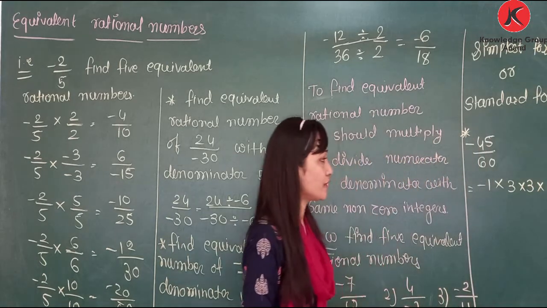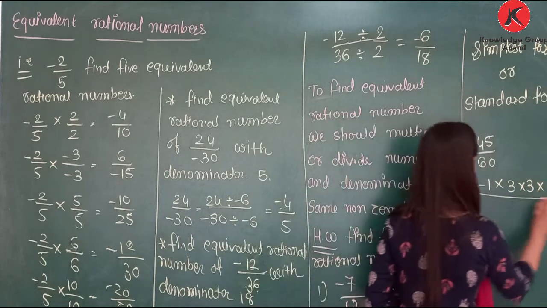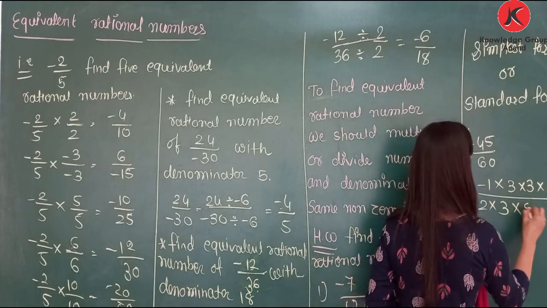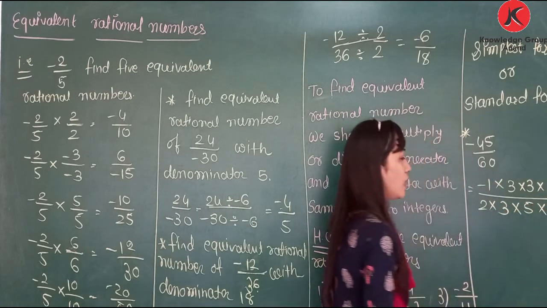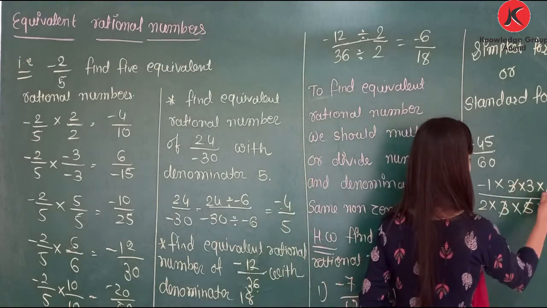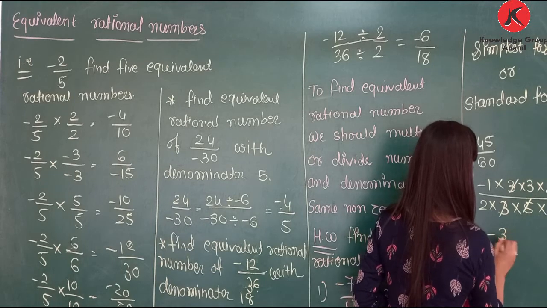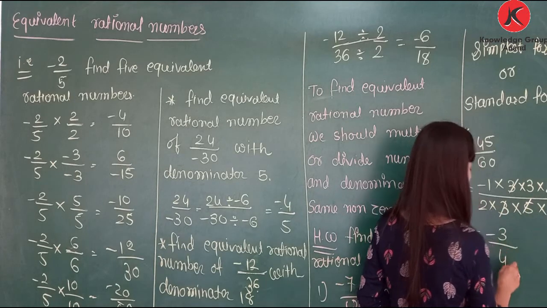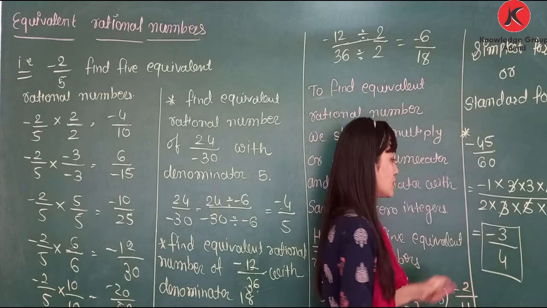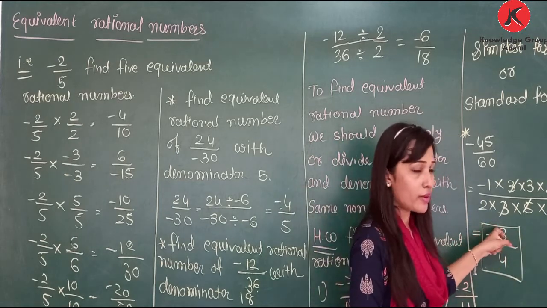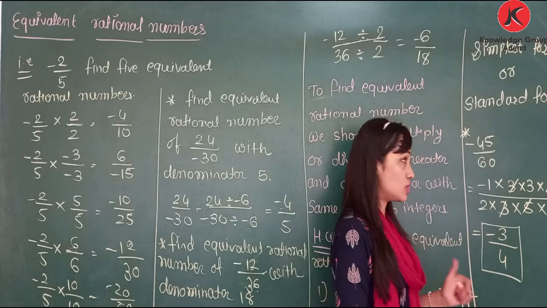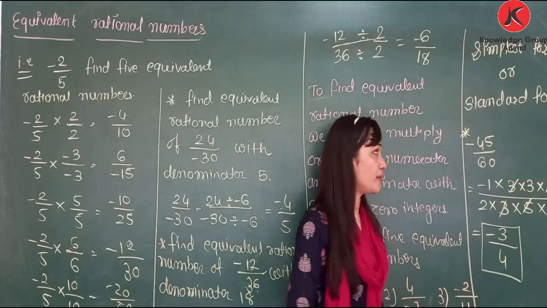Factors of 60: 2 threes are 6, 5 twos are 10. Cut the common factor. So here we get minus 3 by 4. This is a standard form, because now there is no common factor between minus 3 and 4 other than 1. This way we can find the simplest form.